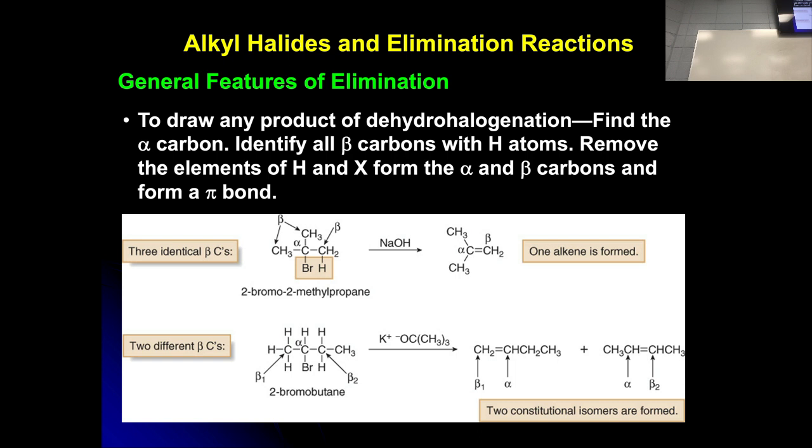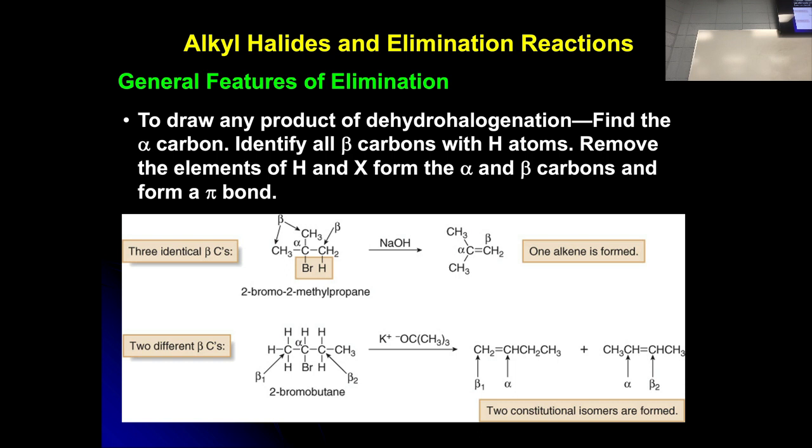Remember we learned about Markovnikov's rule, another Russian, in the formation of carbocations, right? Zaitsev's rule is kind of similar, except Zaitsev's rule states that when you have more than one beta carbon, the beta carbon with the fewest hydrogens, it has to have at least 1 hydrogen, but the beta carbon with the fewest hydrogens will always lose the hydrogen. Why is that?